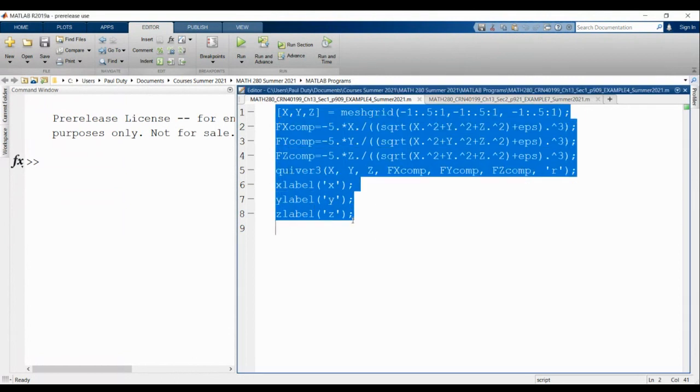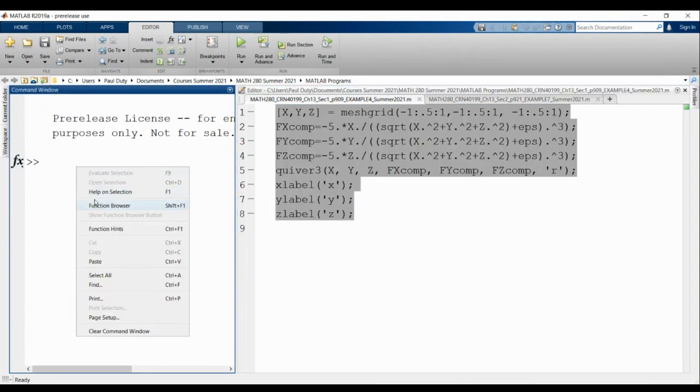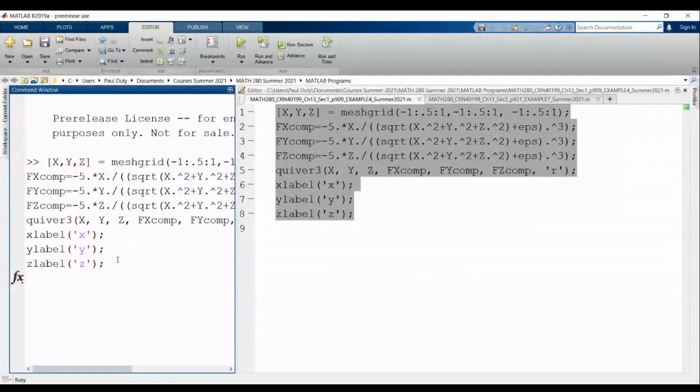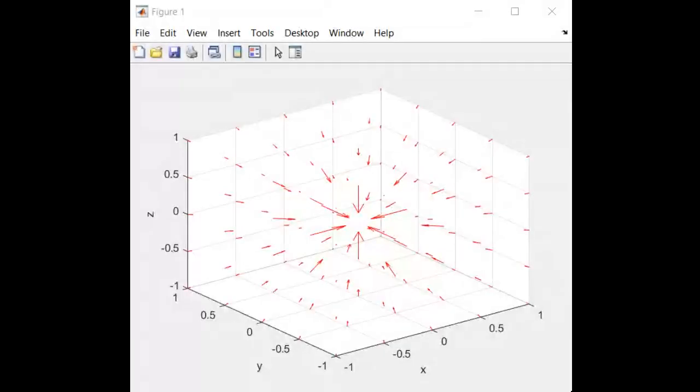If we take the code, copy it, paste it in the command line, and hit enter, we should get a figure. Let me share with you the figure that I get. One moment. Let's see, where is it? Okay, who's getting that figure there?